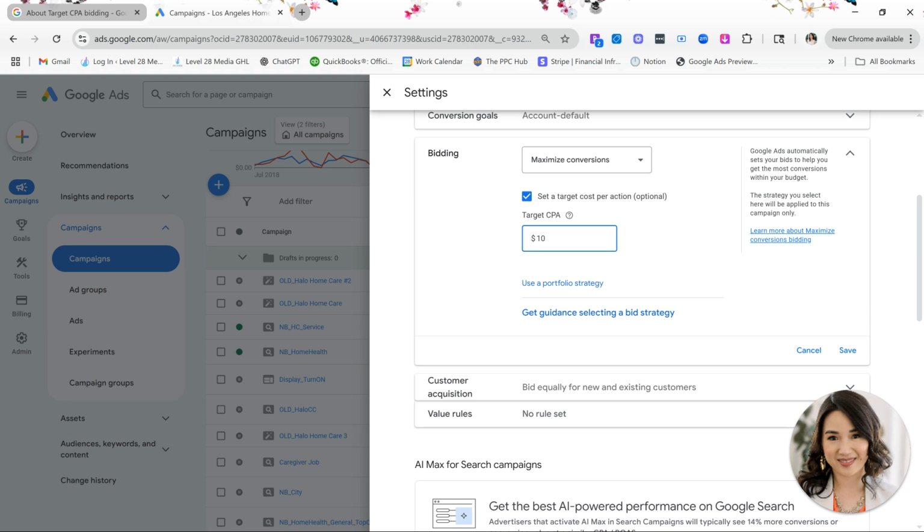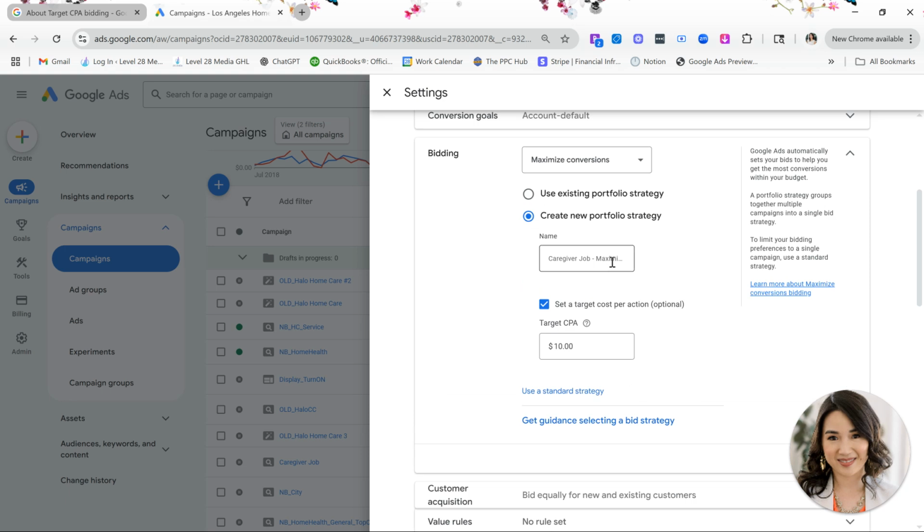So that's what I have for you on your target cost per acquisition. If you do use a target cost per acquisition bid strategy and you want to control your cost per clicks, you can actually go and use a portfolio bid strategy.